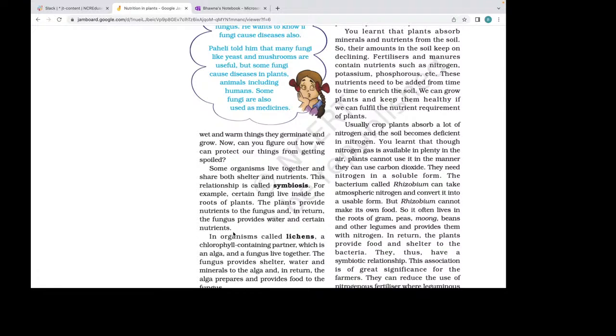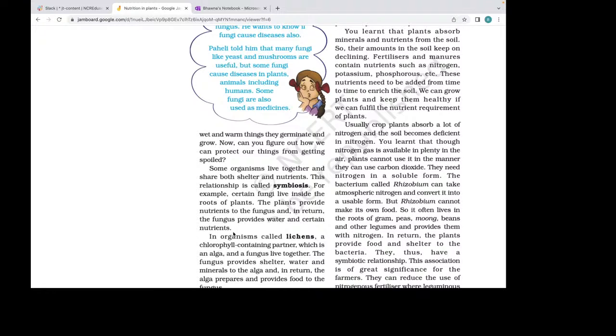वो भी न्यूट्रिएंट्स ले रहे हैं फंगस से, और फंगस भी उनसे न्यूट्रिएंट ले रहा है. So they both are sharing the nutrients. So प्लांट क्या देता है फंगस को? न्यूट्रिएंट्स, and in return fungus provides water and certain other nutrients to the plant. So they basically depend on each other, and this relationship between both of them, where one provides one thing and the other provides the other thing, this relationship is called symbiosis.